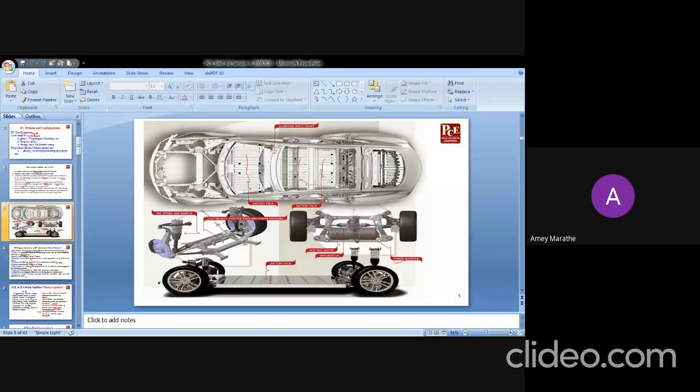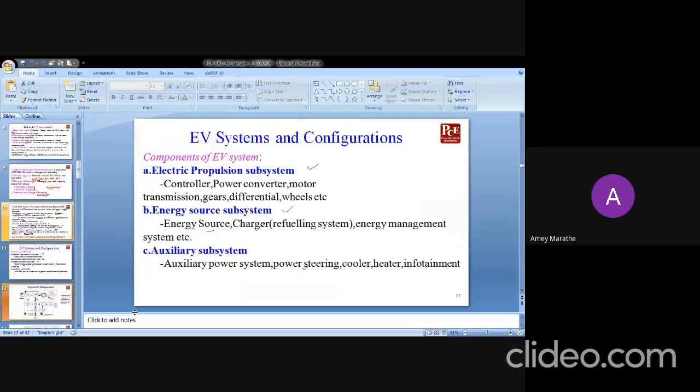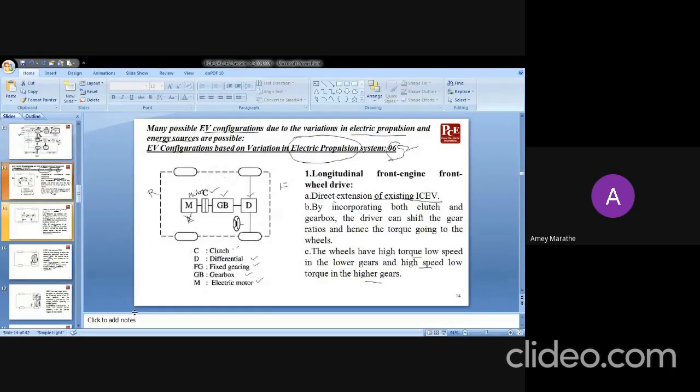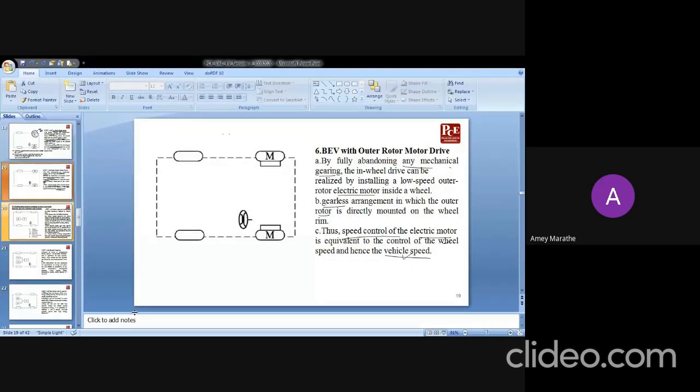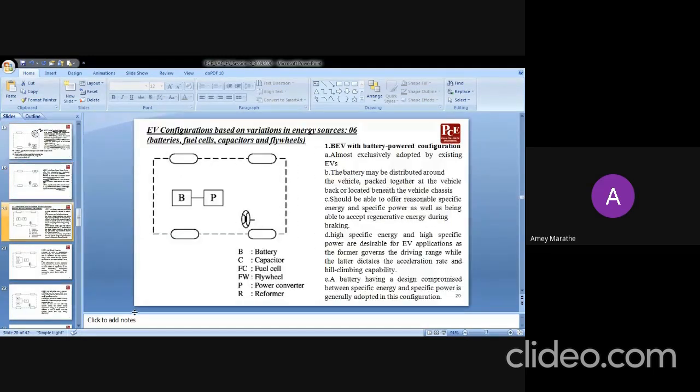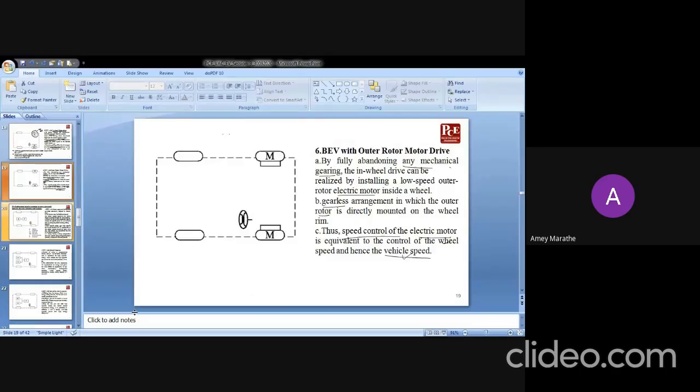So this EV layout is on the basis of the propulsion system. Based on what is powering, we are talking about the layouts. Now, should we move forward, if everyone is okay up till this point?